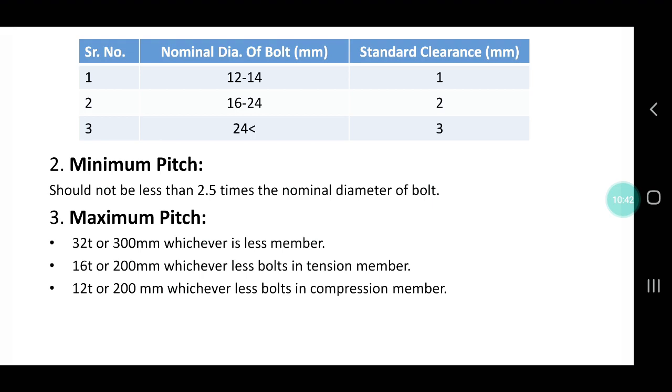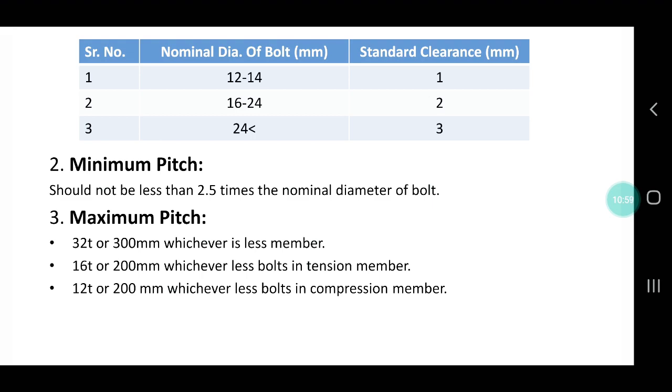So when there are tacking bolts, the maximum pitch distance should be 32T or 300 mm. What is T? T is the least thickness of the member. So you should take the least thickness of the member.